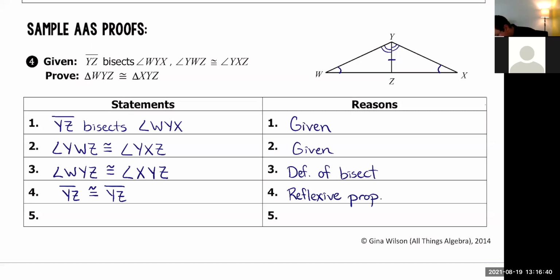Now, taking a look at my diagram here, do I have enough for angle side congruence? Sure looks like it. So we can then say that triangle WYZ is congruent to triangle XYZ, which was just the statement up above that we were trying to prove anyways.